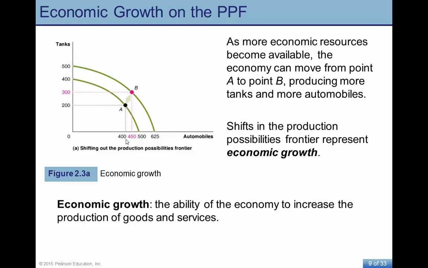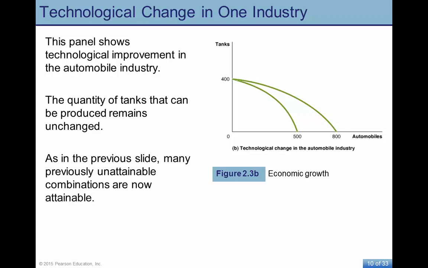Look at the cursor, a shift in the PPF shows economic growth. Again, a shift in the production possibility frontier shows economic growth. Economic growth is the ability of the economy to increase production of goods and services.